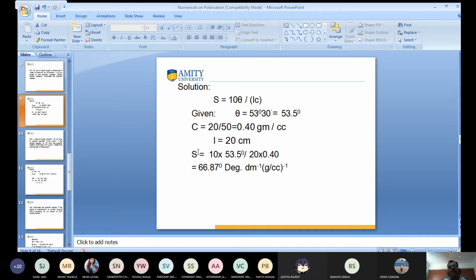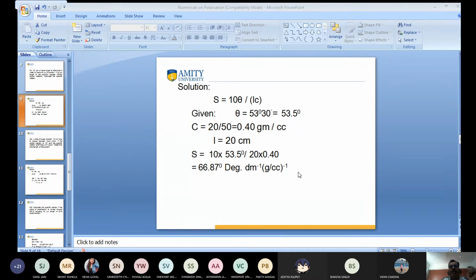Then specific rotation is equal to theta, 53.5 divided by 20 into 0.4 degree. So what is this value? 66.87 degree decimeter per gram cc.